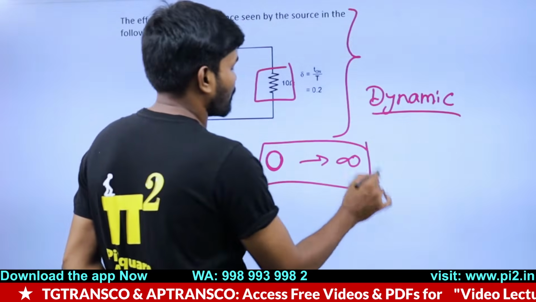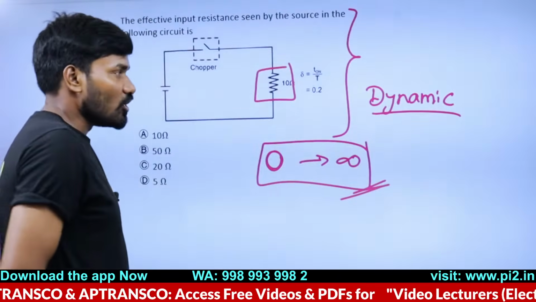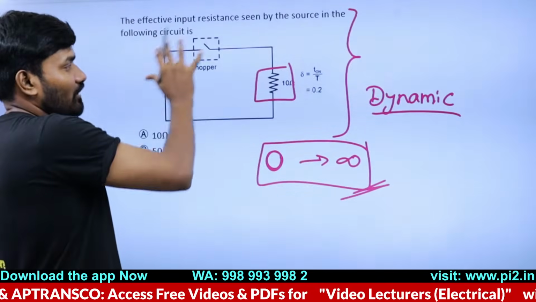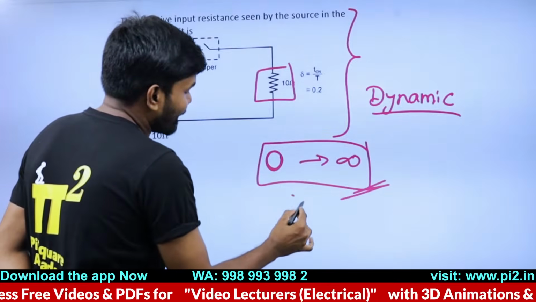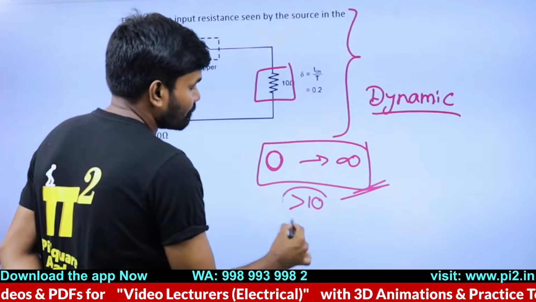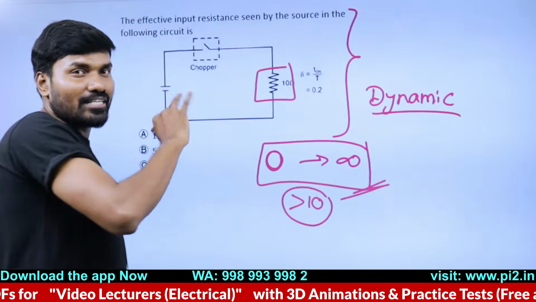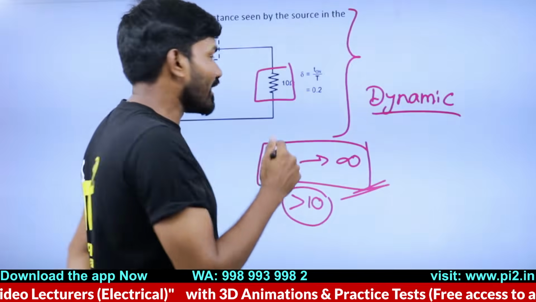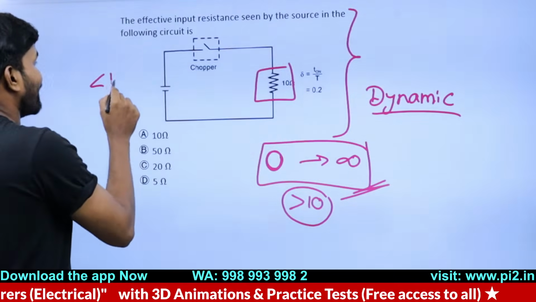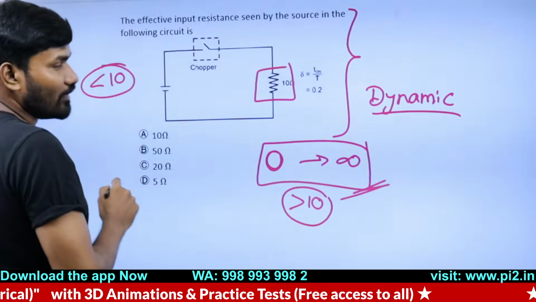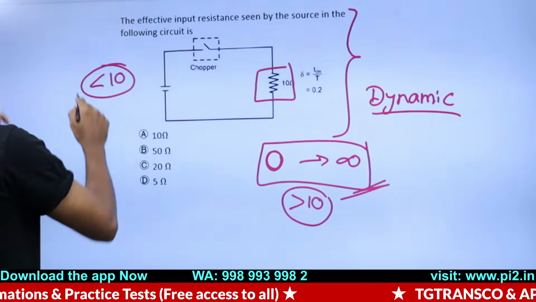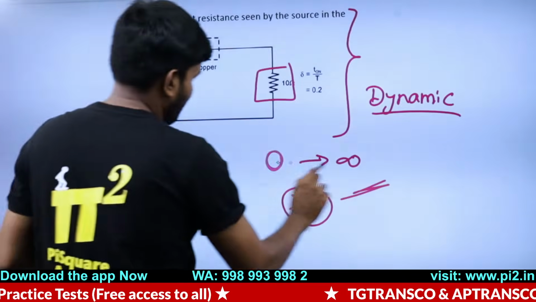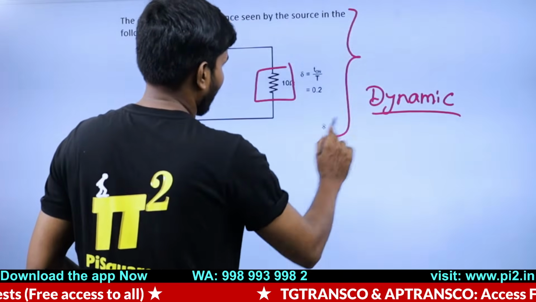With this configuration, you can get any resistance greater than 10. If you change the configuration a bit, you can get any resistance less than 10. That's one of the key points why power electronics is so popular: dynamic control.